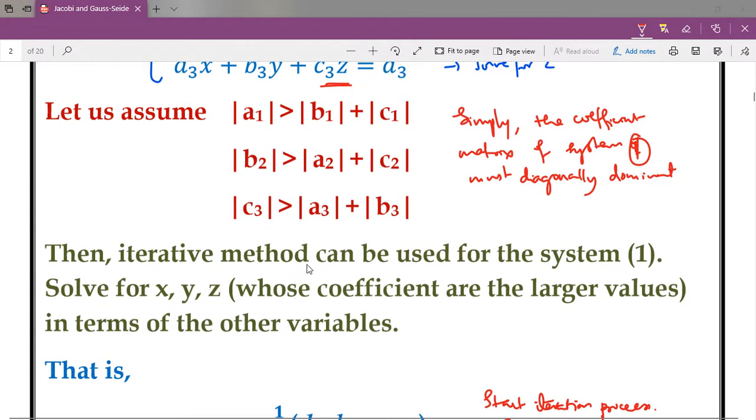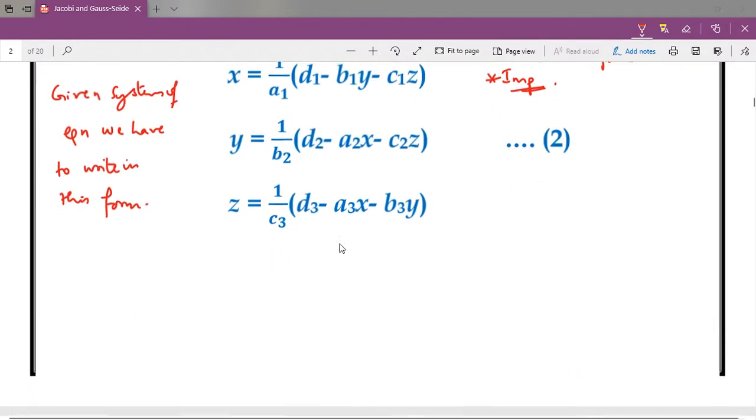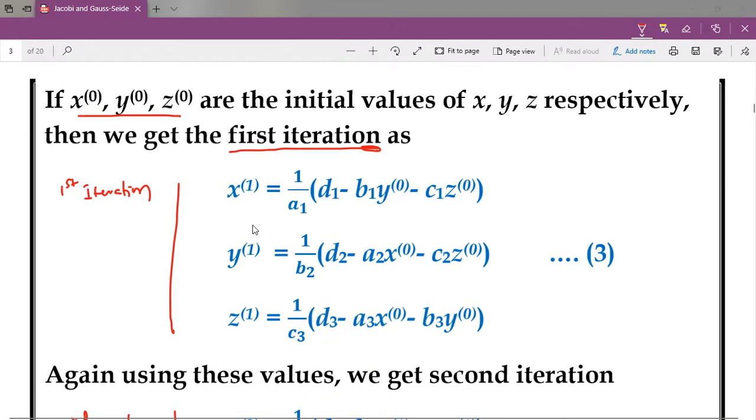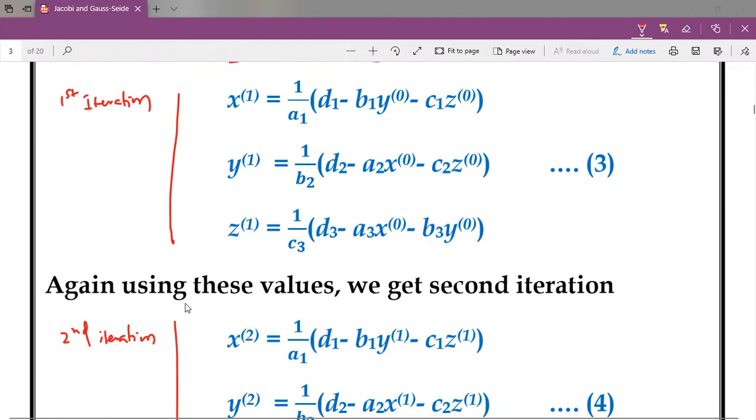Therefore the iterative method can be used for the system, then we solve for x, y and z. This is also fine. But when we use the initial condition to obtain the first iteration, we obtain x1, y1 and z1, right?